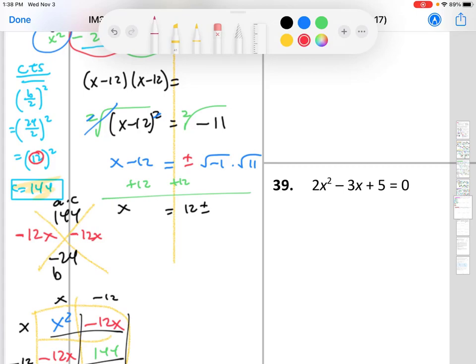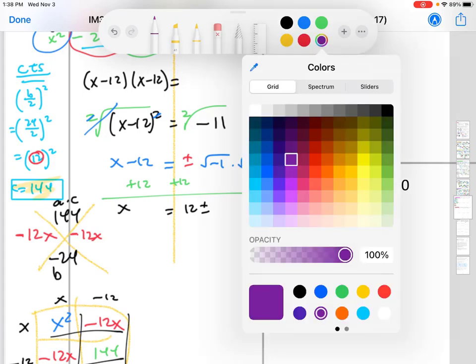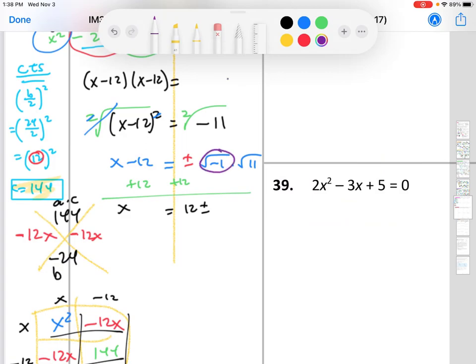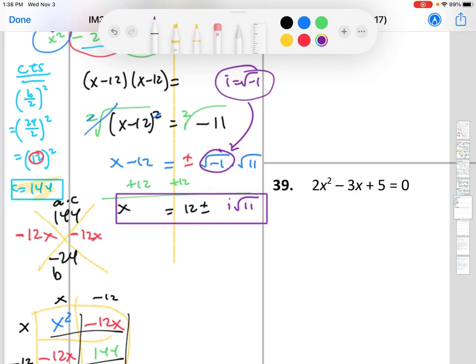Remember, what do pirates say? I. So the square root of negative 1 is i, so I'm going to write the square root of 11 times i like this. And you can't do anything about that. So here is our solution.